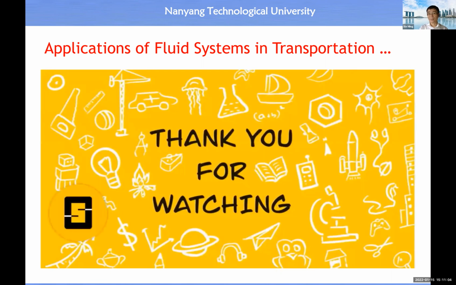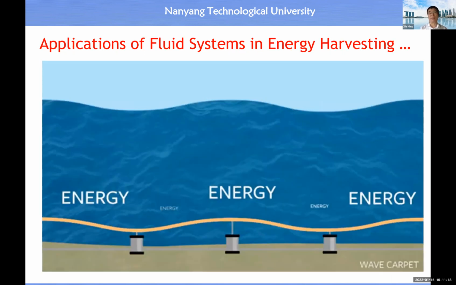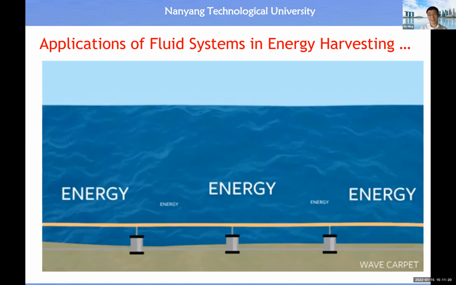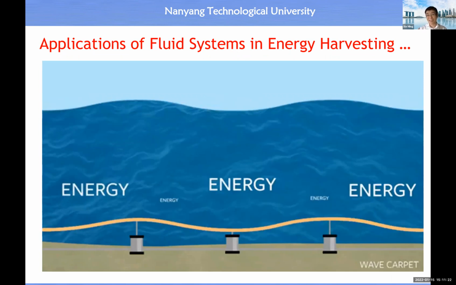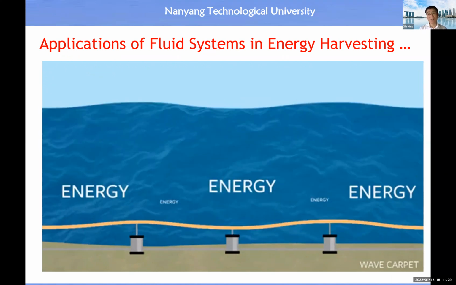All right, so this video basically shows you another interesting application of a fluid system, that is to support transportation. And the next video shows you one more interesting application of a fluid system. In this case, it is harvesting energy from the pressure wave of a fluid system.